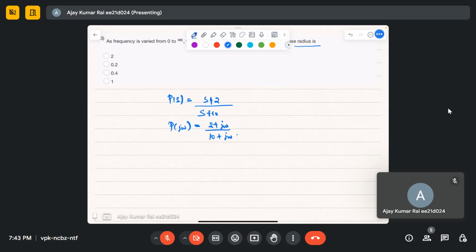Okay, let's find the real and imaginary part. What do we do? So first it is 20 minus 2 j omega plus 10 j omega, and this is again minus minus plus omega square, 10 square plus omega square.